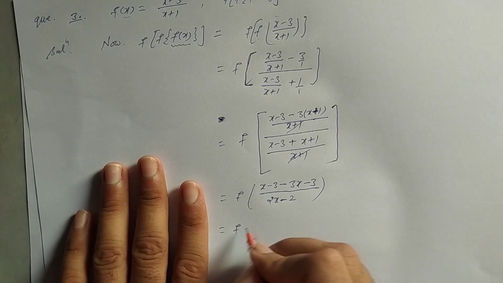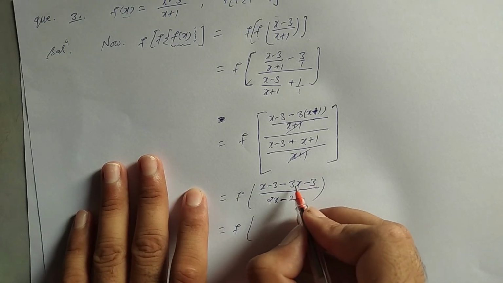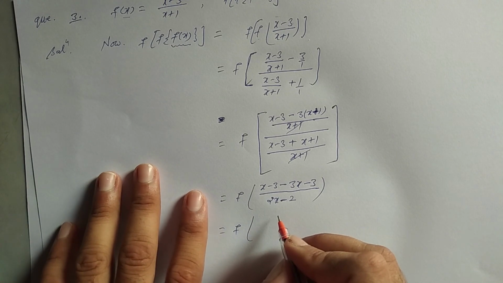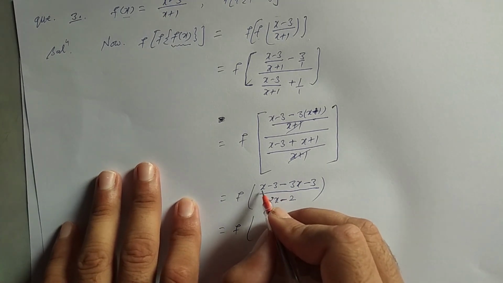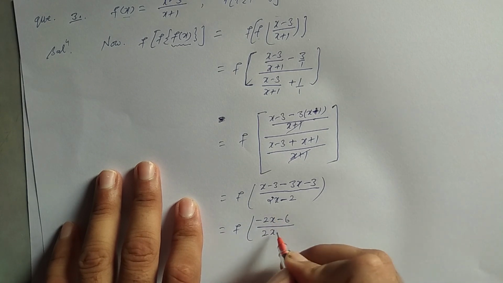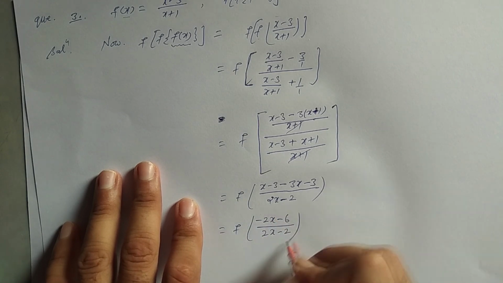It is equal to f of (minus 2x minus 6) by (2x minus 2).